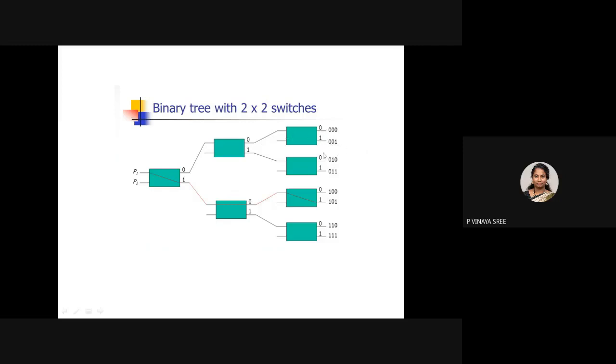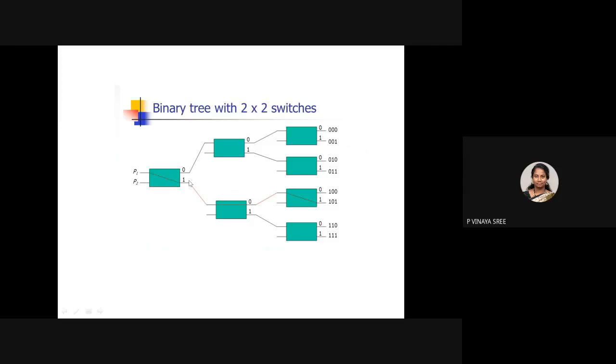Now, if processor P2 wants to access memory module 2 at the same time, it won't be possible. Why? Because P1 is already connected to output 0, so P2 can only connect to output 1.